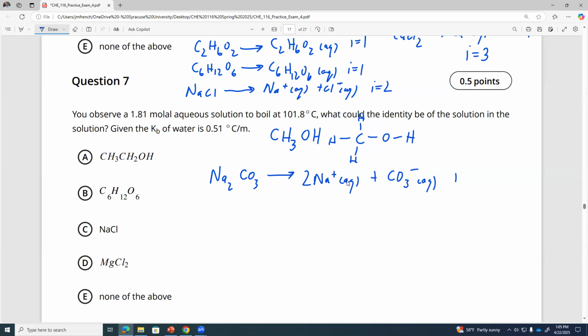So sodium carbonate would have a Van't Hoff factor of 3, each sodium and then the carbonate. But it would depend. I could think of polyatomics like potassium nitrate that we started with. That would be 2. Magnesium nitrate would be 3. Aluminum nitrate would be 4. So it just depends. Any other questions on this one?